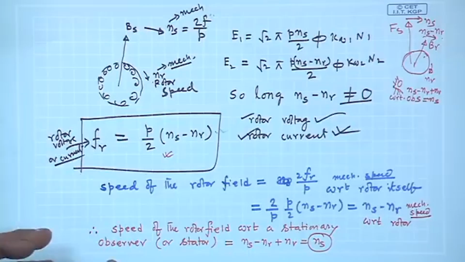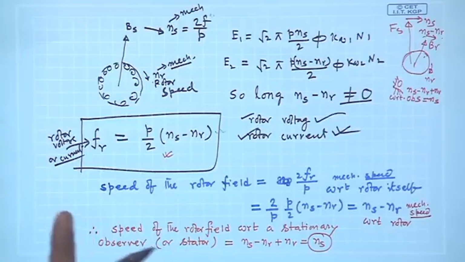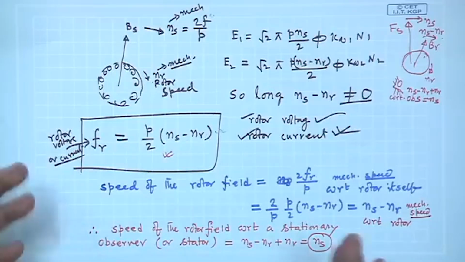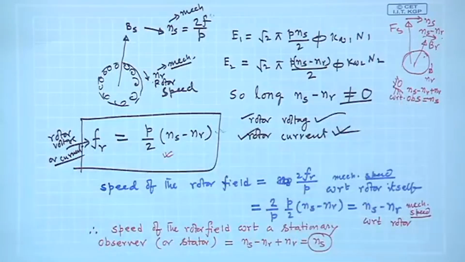And a fixed observer, no matter where he is seated, may be moving with some speed, say 1000 rpm, but he should also conclude that these two fields are moving at the same speed. So, we have conveniently taken a stationary observer and the conclusion is that it will move with speed Ns.